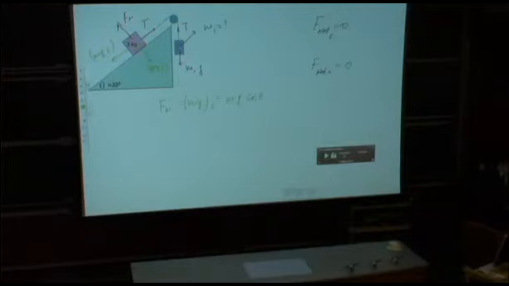And of course, net force equals 0. The magnitude of the tension should be equal to mg parallel, as we know it now, which is supposed to be equal to m times g times the sine of this angle.